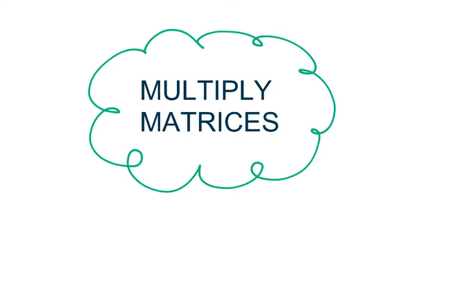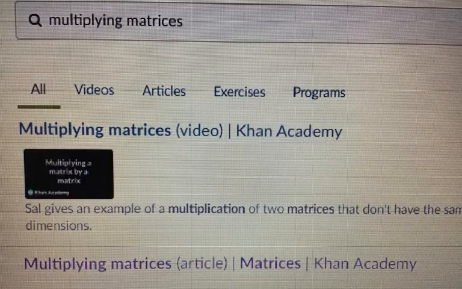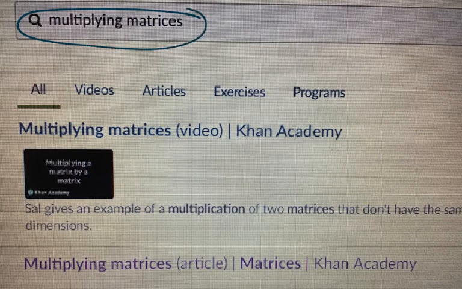How do you multiply matrices? Well, first of all, if you can't find it in your assignment window, please just search for it. That's another way you can get to my assigned lessons. But again, as I'll show you at the end of the video, it should already be there, ready for you to click on.